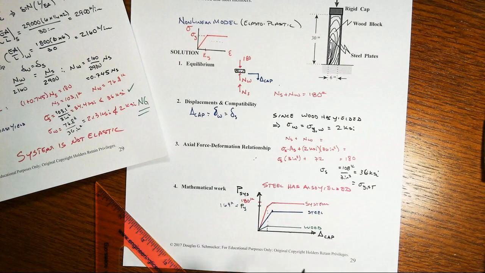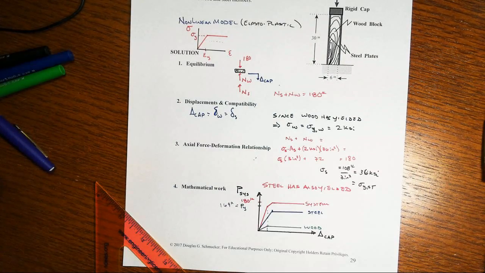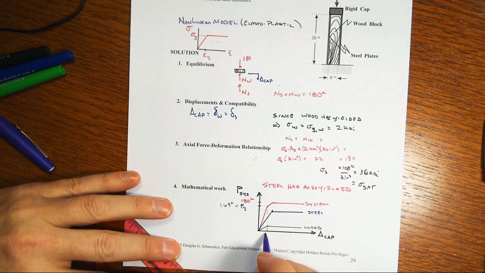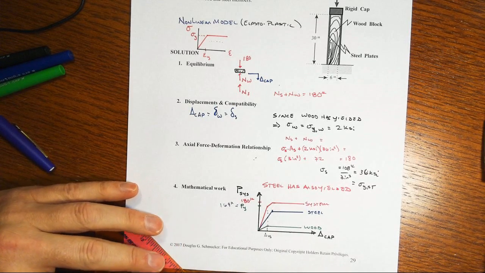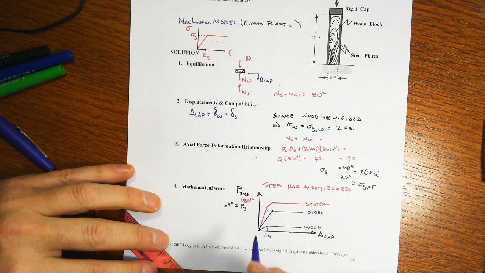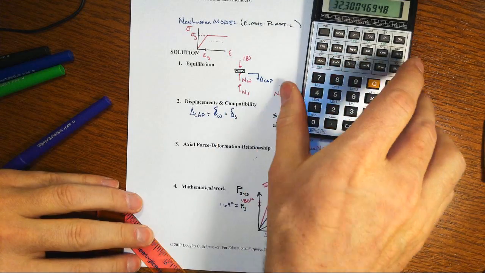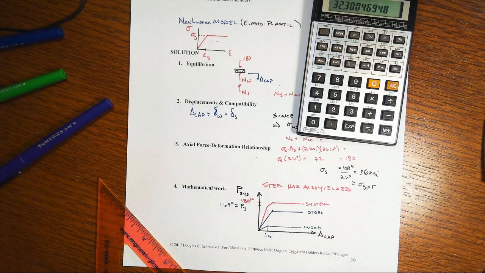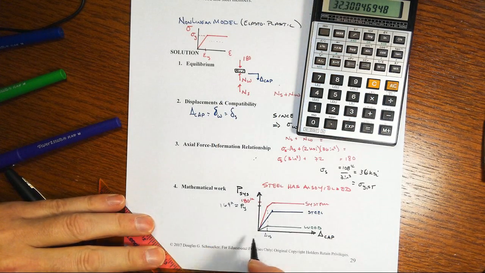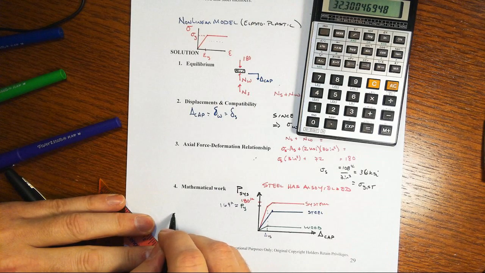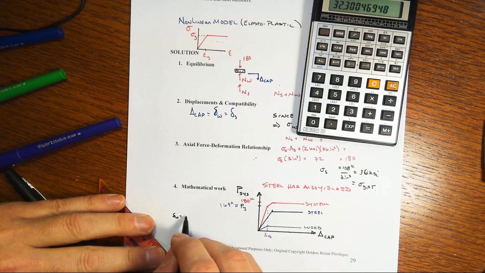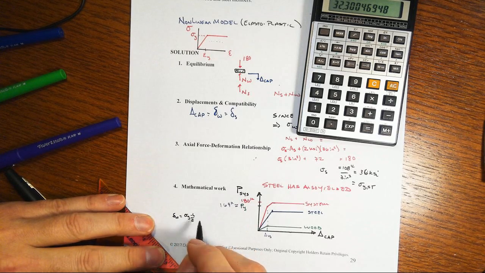The other interesting thing here is that we could figure out what our delta y is that goes along with this, since we know the wood is right at yield at delta y. That means that delta of the wood in that condition would be sigma y, that's N over A, times L over E. So that would be 2 KSI.